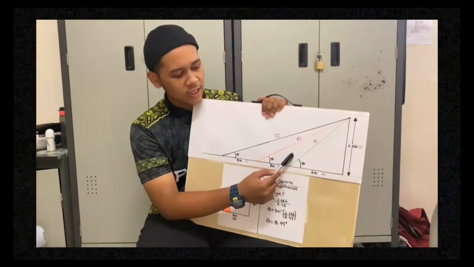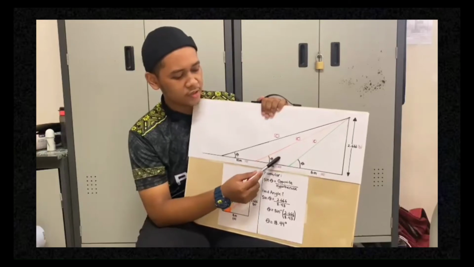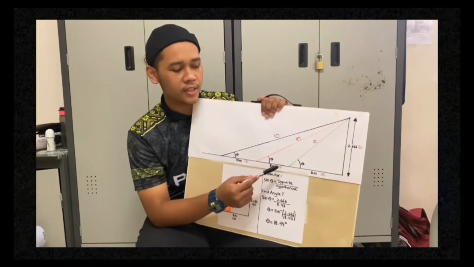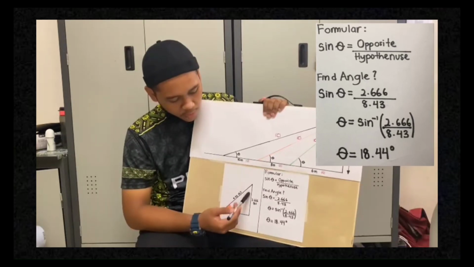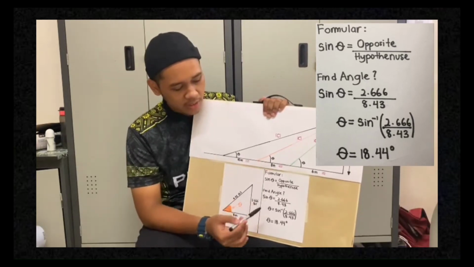Alright, for the second triangle, to find the angle, we still use the same formula. So we have all the information and we just apply it in the formula.